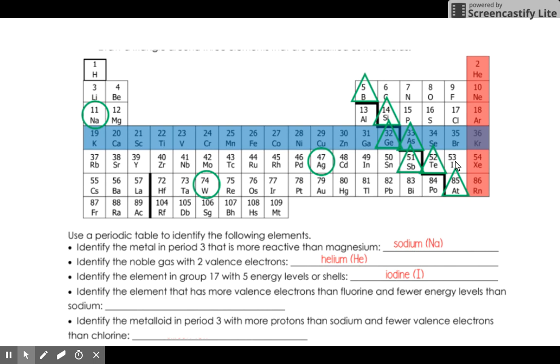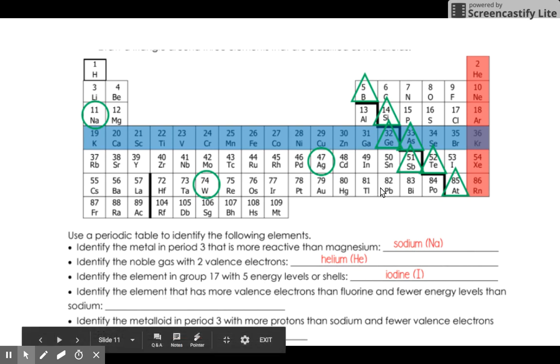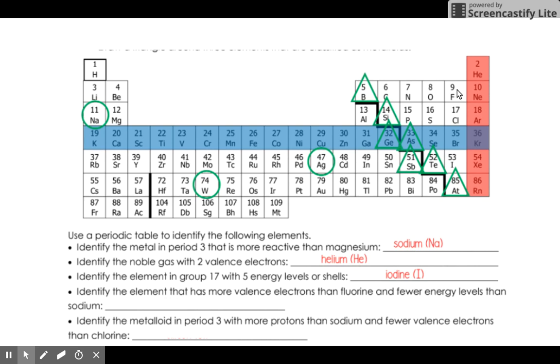Identify the element that has more valence electrons than fluorine and fewer energy levels than sodium. First let's find fluorine, number 9. It says more valence electrons, so I need to go to the right, but with fewer energy levels than sodium.